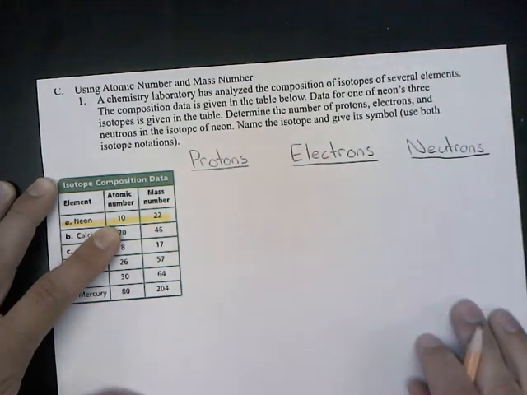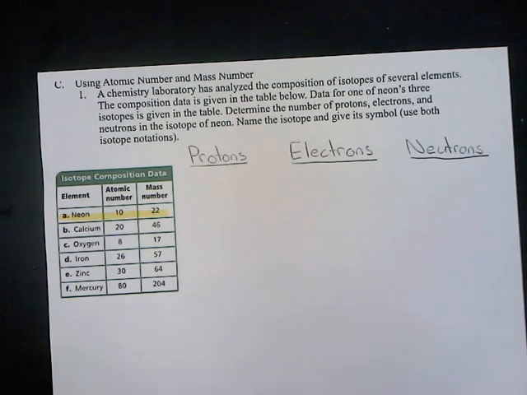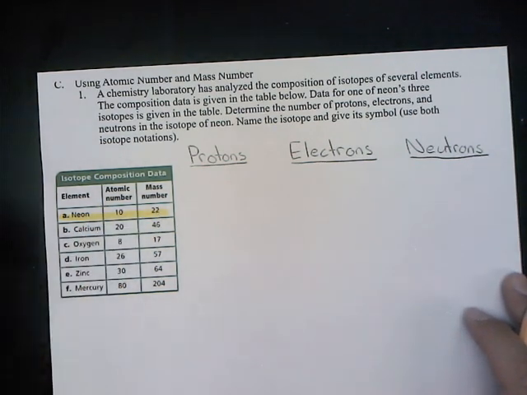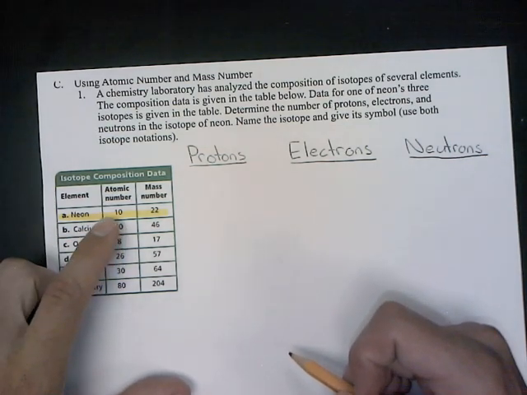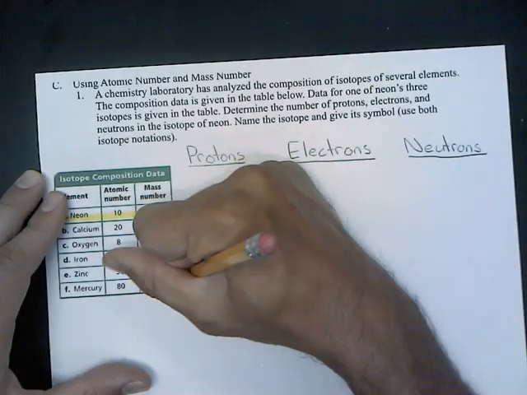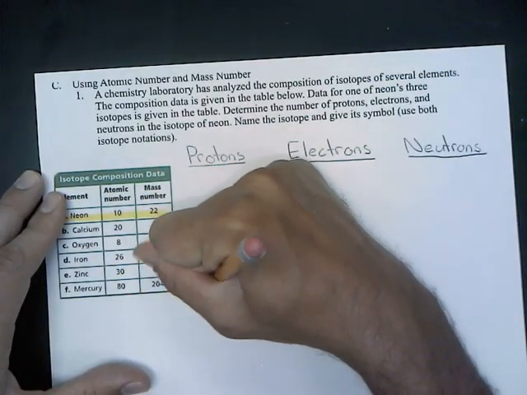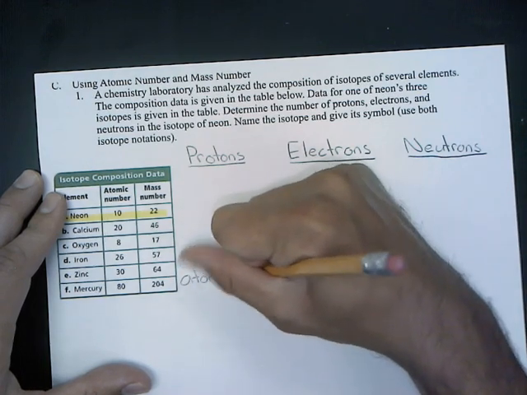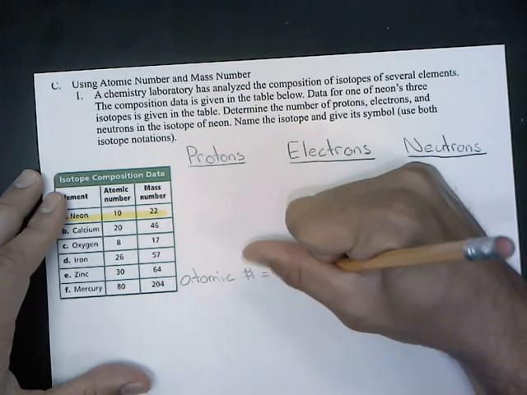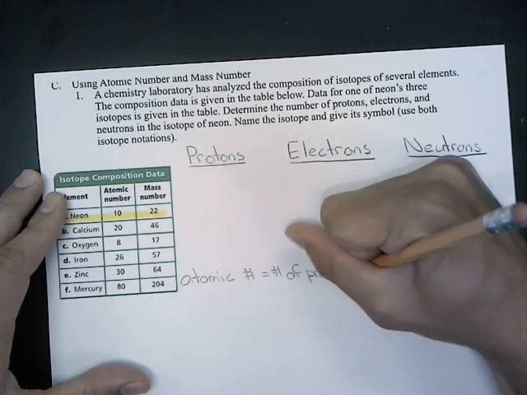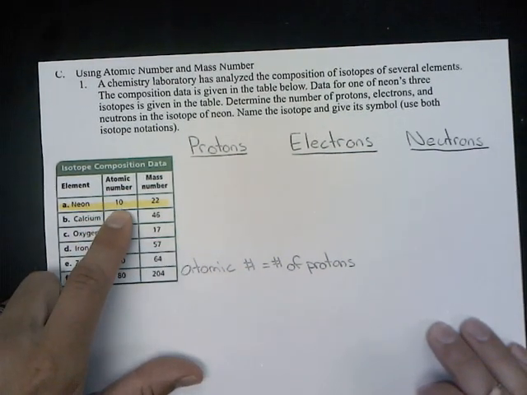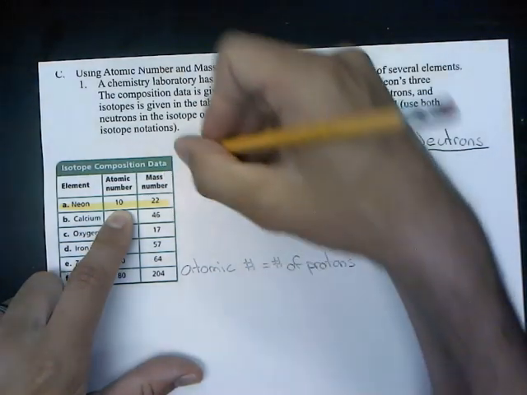Okay, so we have to go through our process that we have just learned about in both the atomic number and the mass number. So down here, what I'm going to put is this. The atomic number is equal to the number of protons. So the number of protons will be very easy to find. Again, we look at the atomic number, which is given as 10. That is equal to the number of protons.